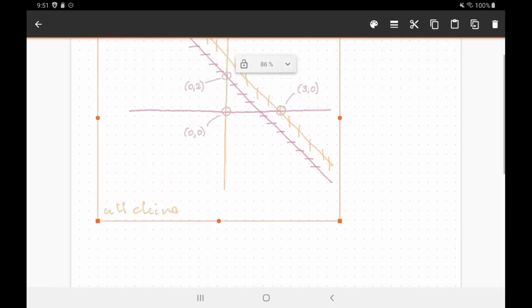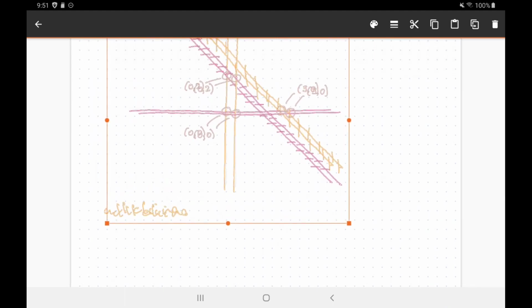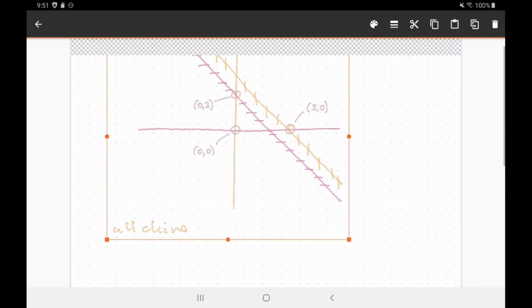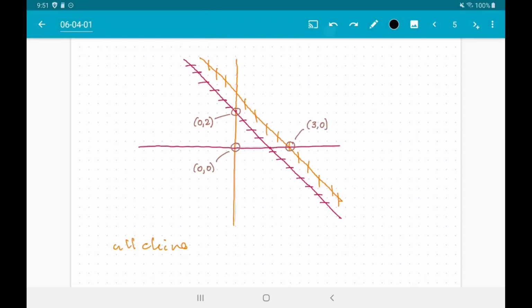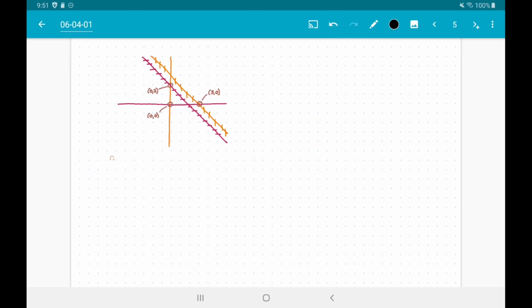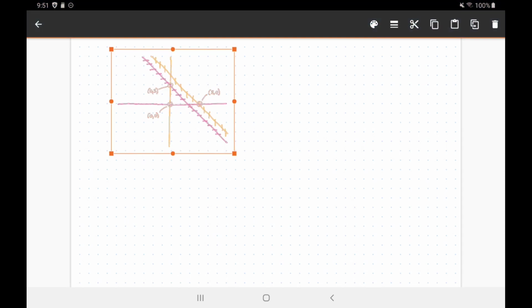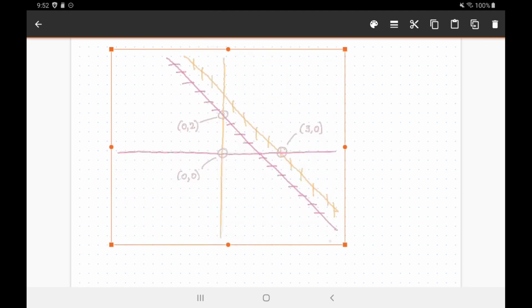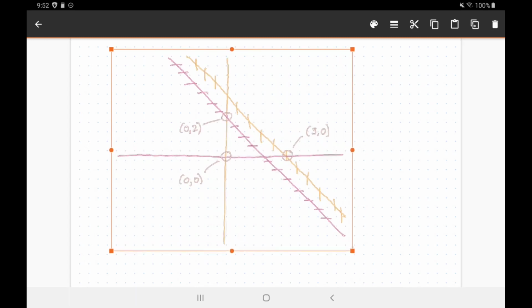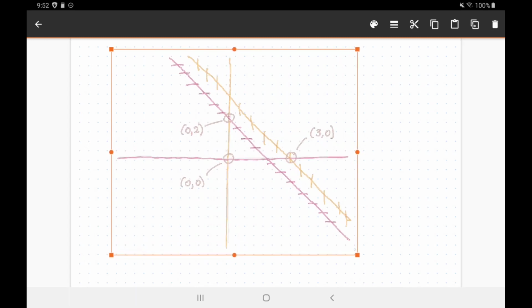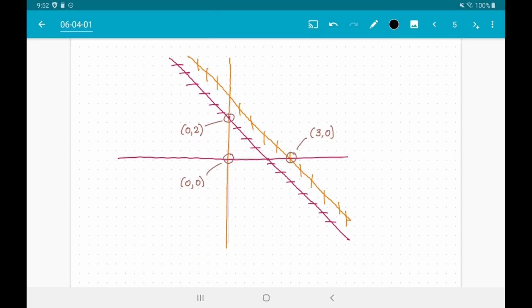Is that going to line up at all? Oops. Let's try this again. Boy, and you can't really see it until you let go of it. Okay, that's probably about as good as it's going to get.